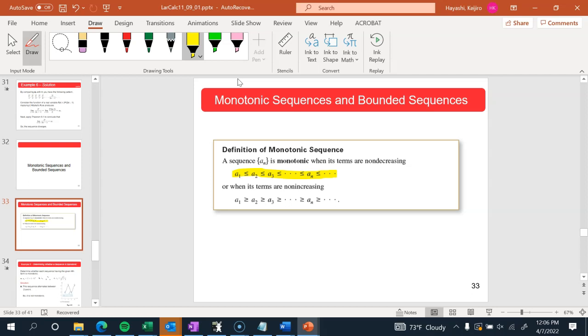and they use the phrase non-decreasing as opposed to increasing because it is allowed to stay the same. So to be non-decreasing, each term is at least as large as the last.